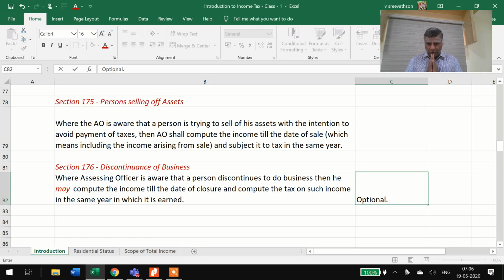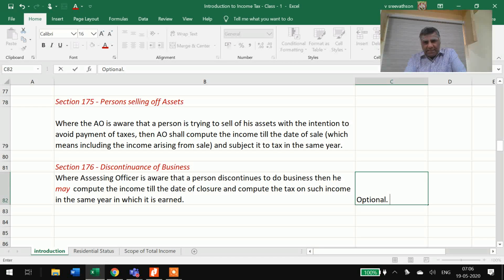So, my dear friends, 5 exceptions to the rule of PY and AY. Normally, previous year and assessment year will be two different years. First previous year, next followed by that assessment year.